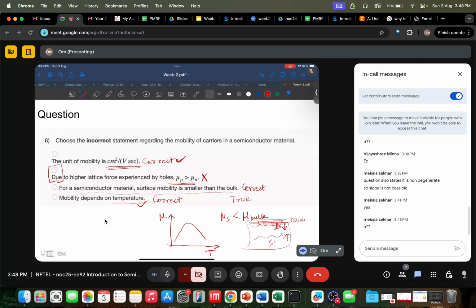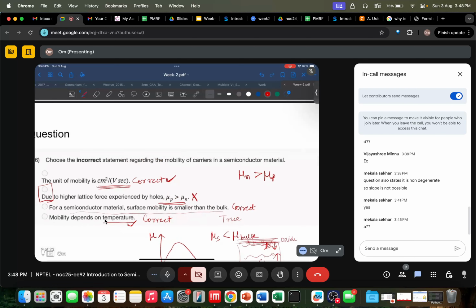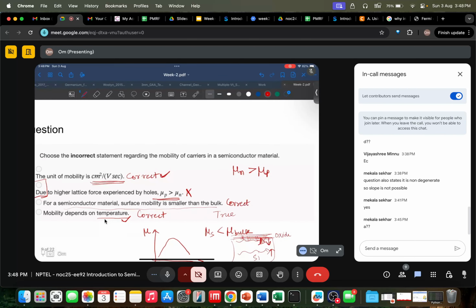So why is this incorrect? Because we know mu n is always greater than mu p. Why does this happen? Because if you remember the energy bands, the band structure looks something like this. EC, this is EV. So the curvature of EV is greater than EC, and the effective mass of holes is therefore greater than the effective mass of electrons.